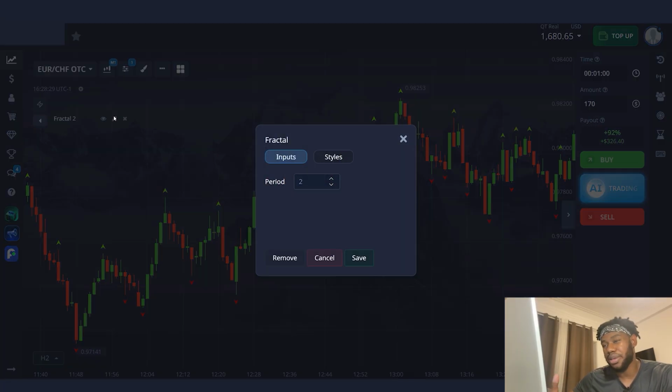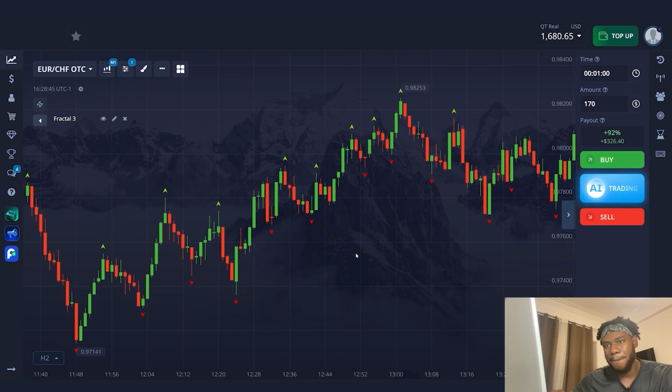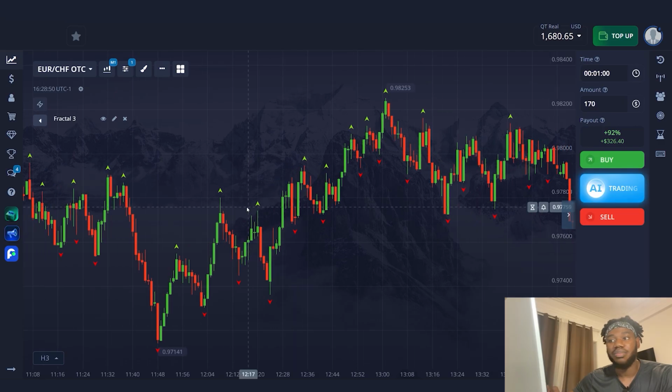I will increase the period to 3. This will remove unnecessary signals from the indicator, which will increase reliability. Now I'll leave everything standard in the indicator style settings. Make sure you have it the same way. Now this completes the settings.